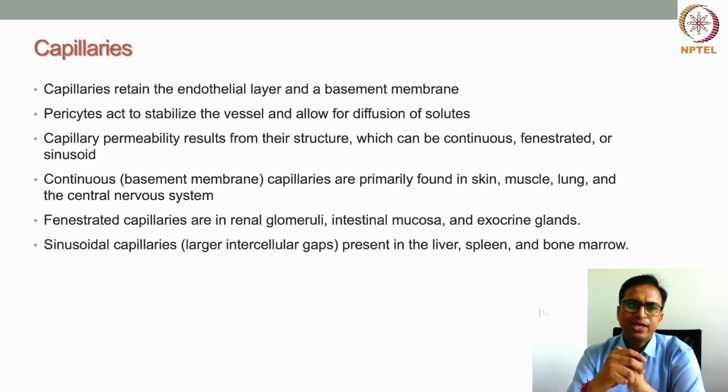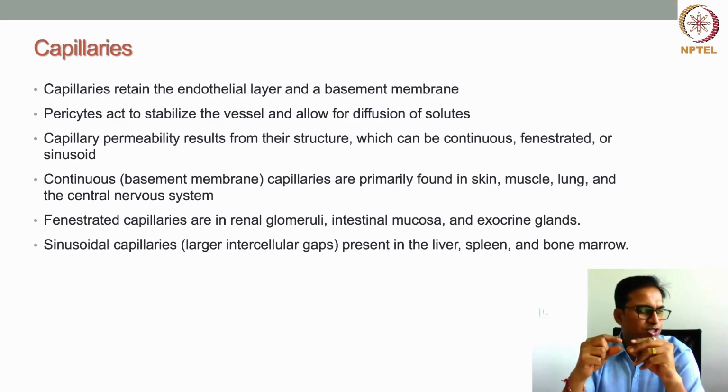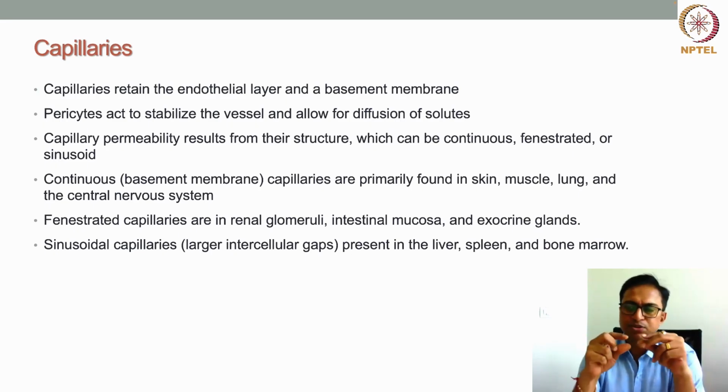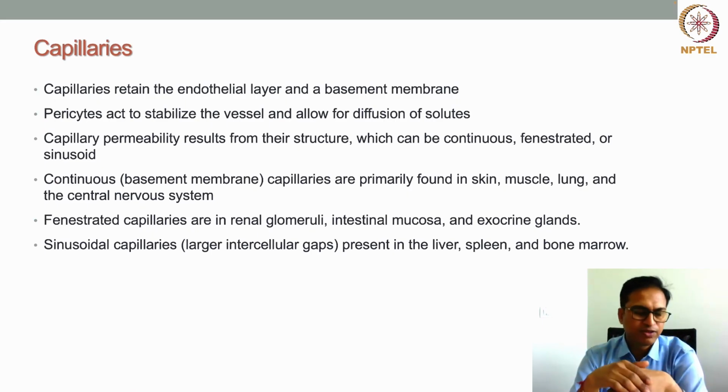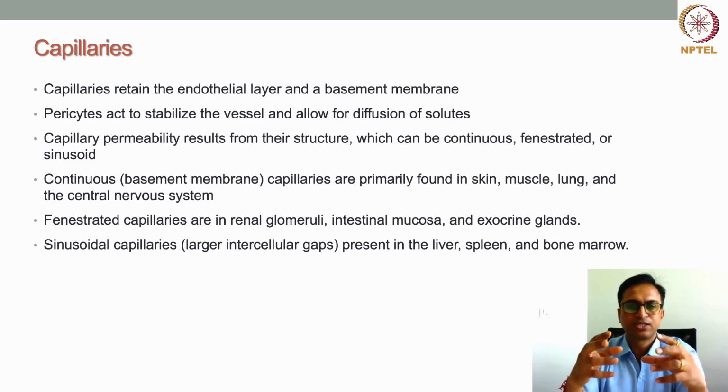The important thing to understand here is the capillaries. Suppose we are targeting capillaries: they are composed of the intima layer, that is the endothelium, and on top of that a very fine layer of basement membrane and the pericytes. Other structures are not present here.